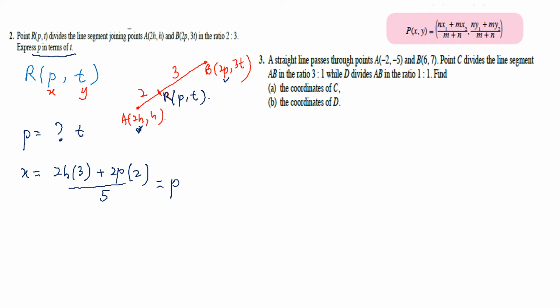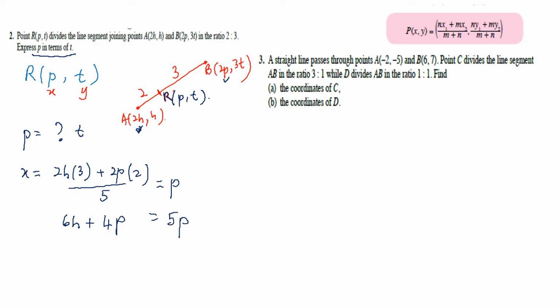The question asks about P in terms of T, but we don't have T here. That's why T will be applied in coordinate Y, because we have 3T, or T, in coordinate Y. So we simplify here and get 6H plus 4P, then bring the 5 over, which becomes times, giving 5P.